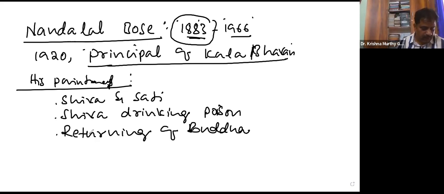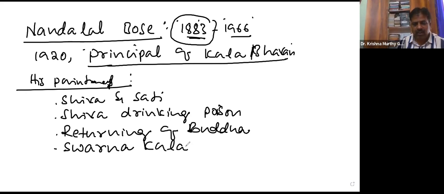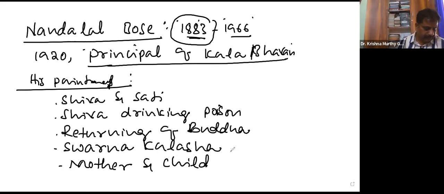Next, another one, Swarna Kalasha, or Kalasha. Next, another one, mother and child. Mother and child painting.